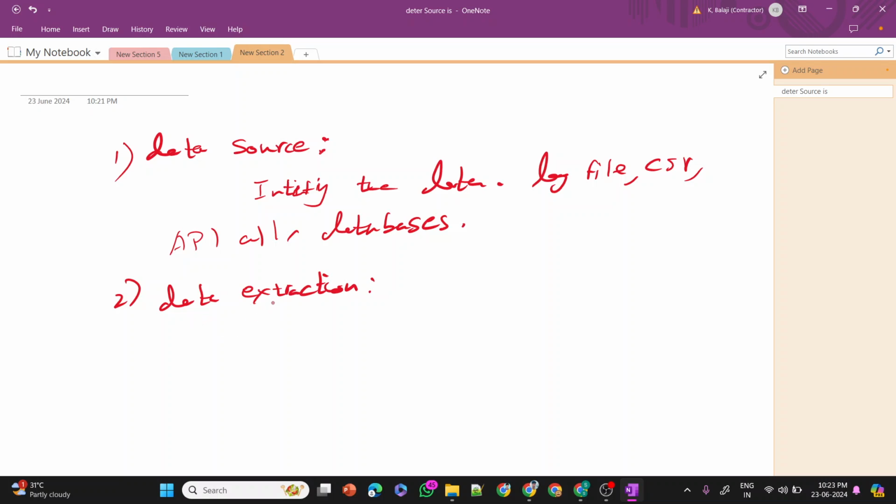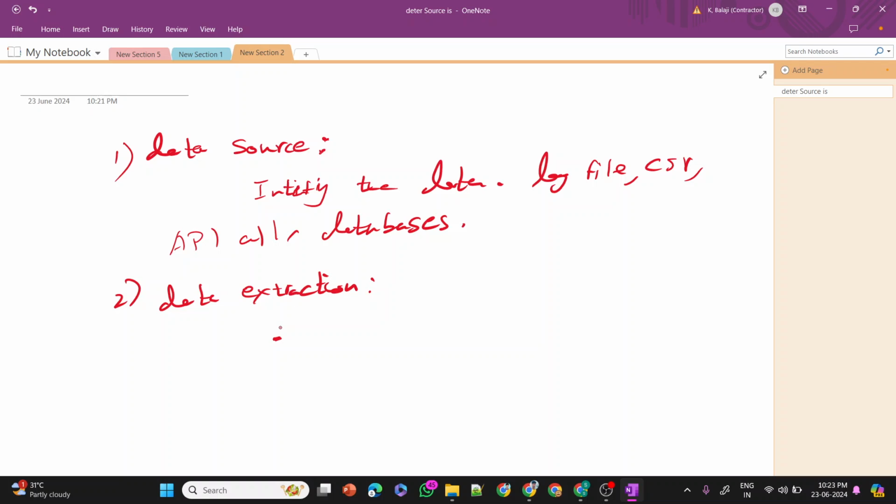To extract the data, first we need to identify which format the data is in, because there are so many methods out there. Depending upon the data format, the extraction method will vary.